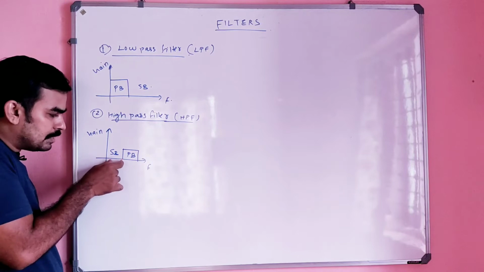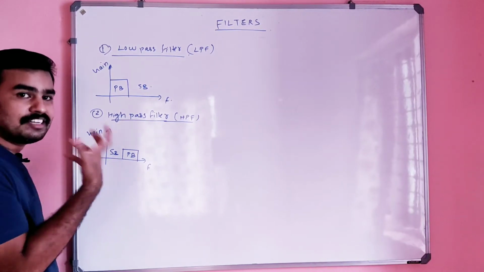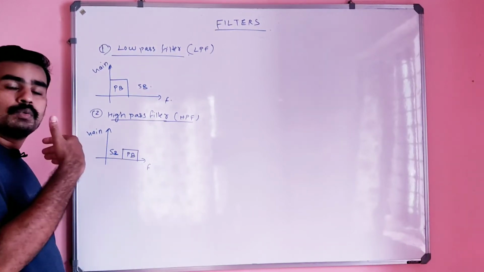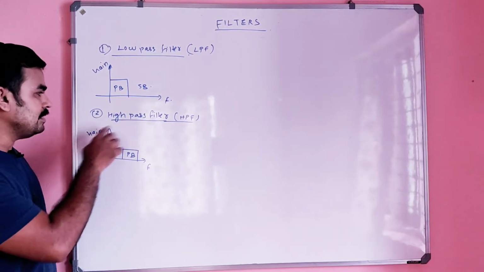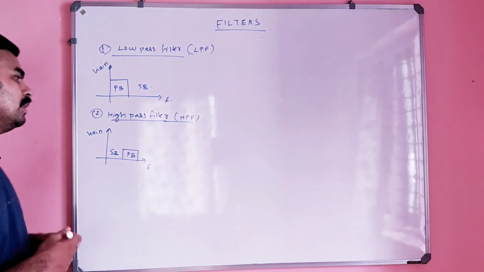That means up to a certain frequency, the lower frequency, the filter will block, and after that the filter starts passing the remaining or higher frequency. So that is the meaning of high pass filter. It passes only the high frequency signal.